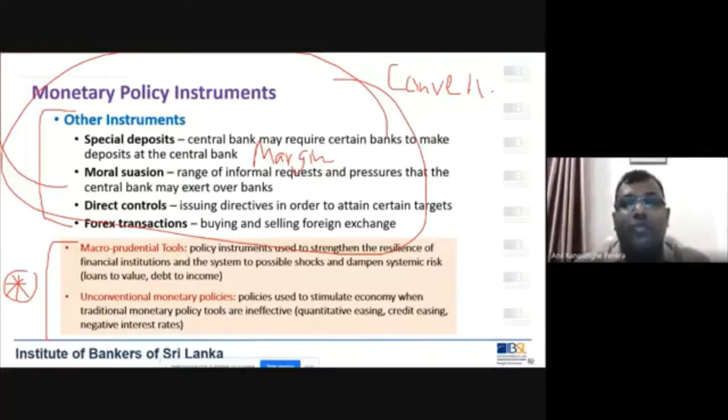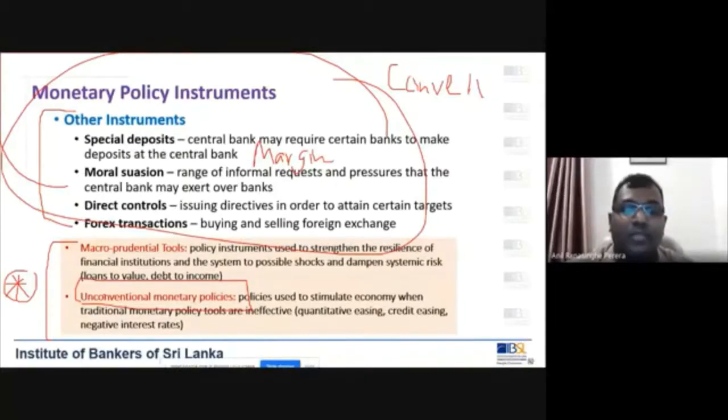OMO, it's not working. So what is the option? The central banks resort to unconventional monetary policies during extraordinary times. So in those periods, the central bank can do something else. There are various ways of doing it.